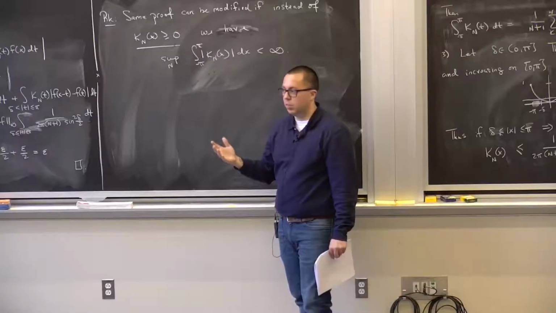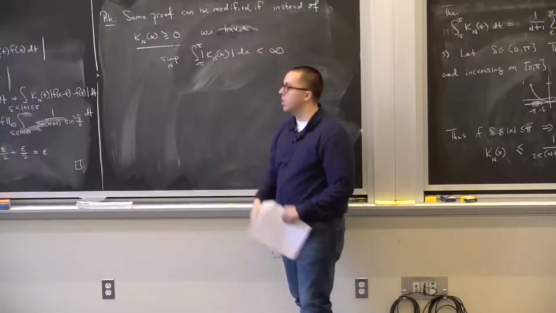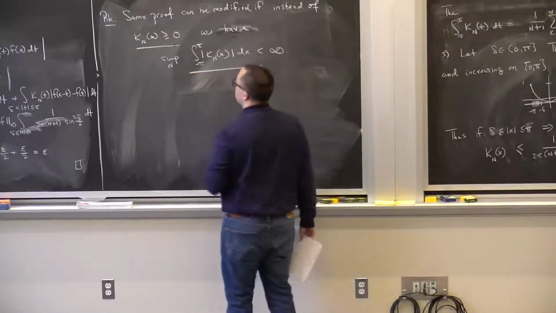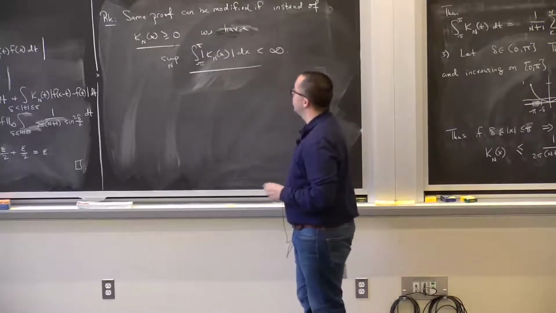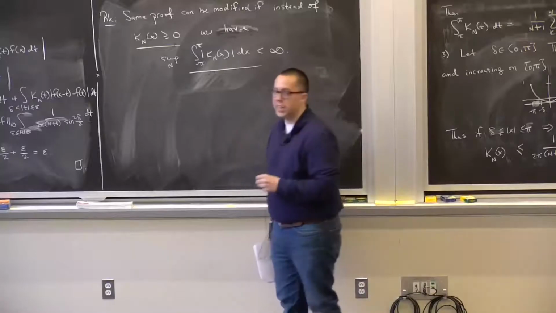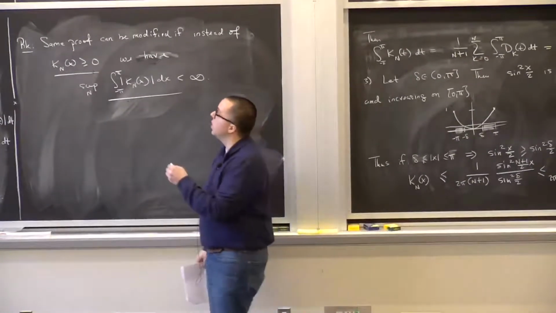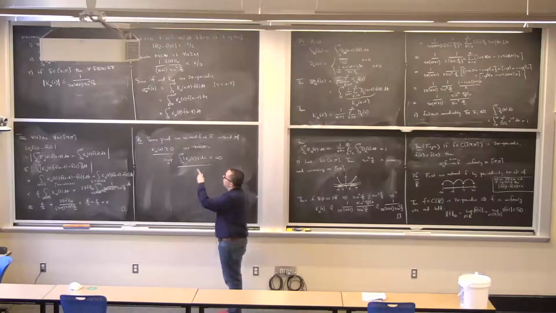Okay? Why am I saying that? Because maybe you would like to then try your hand at replacing kn with dn, the Dirichlet kernel. Okay? The Dirichlet kernel satisfies all of the other properties we had up there. The integral is 1. In absolute value, it decays away from x less than delta, and it's even and 2 pi periodic.